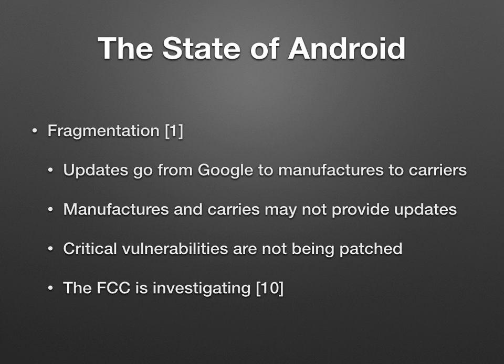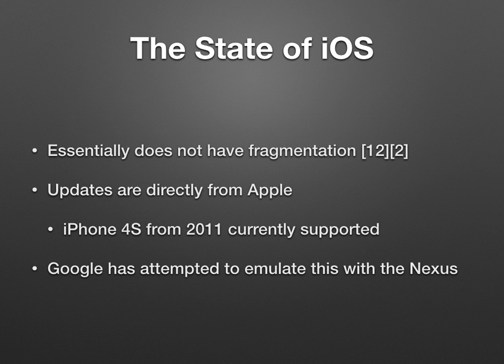The FCC is actually going to be investigating this, and it'll be very interesting what they find. They're investigating, as they say, the process of how they go through and decide when and when not to update. They're also including iOS, which should be an interesting contrast. That's because iOS is in a very different state. Essentially, it's not fragmented.